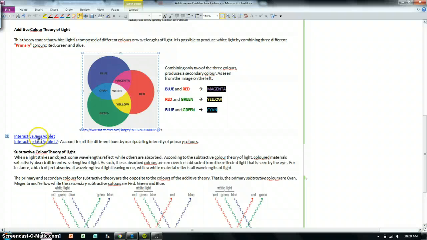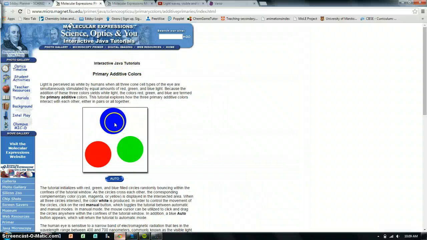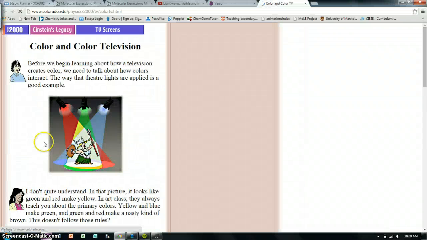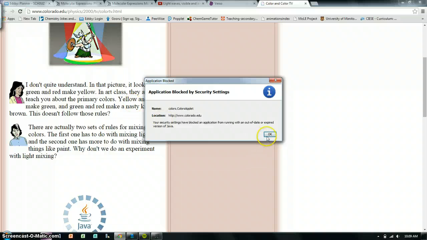So you can check out these two applets here. The first is pretty straightforward. You combine the red and the green, you get yellow, the green and the blue you get cyan, the red and the blue you get magenta, and all together you get white. It gives you an idea of the different amounts. The second one shows you how you can get different colors as well.